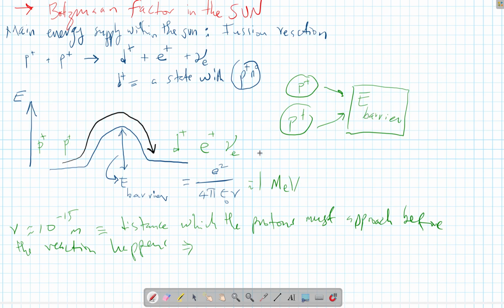This energy barrier, if we consider the reaction in a classical manner, the two protons have to cross this hill, they have to cross this energy barrier before the products of the reaction can be formed.